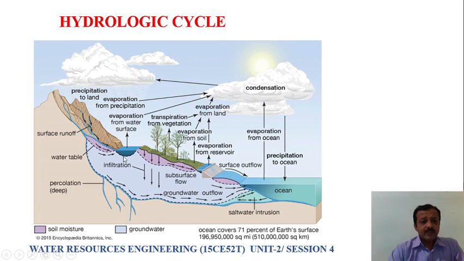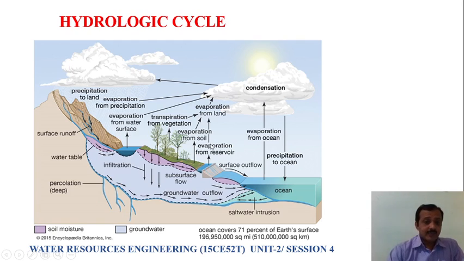Whatever water is stored in lakes, ponds, reservoirs, etc., we call depression storage. The water stored in these depressions is depression storage, and the remaining water flows over the land. The water that flows over the land we call runoff. So this is what the hydrological cycle is.